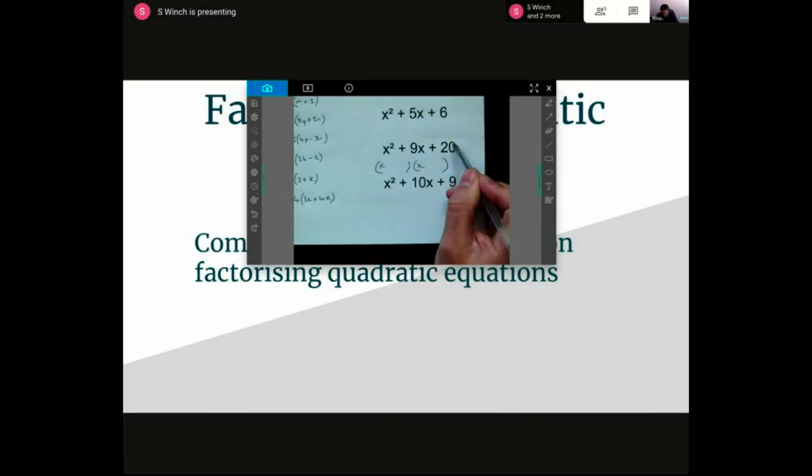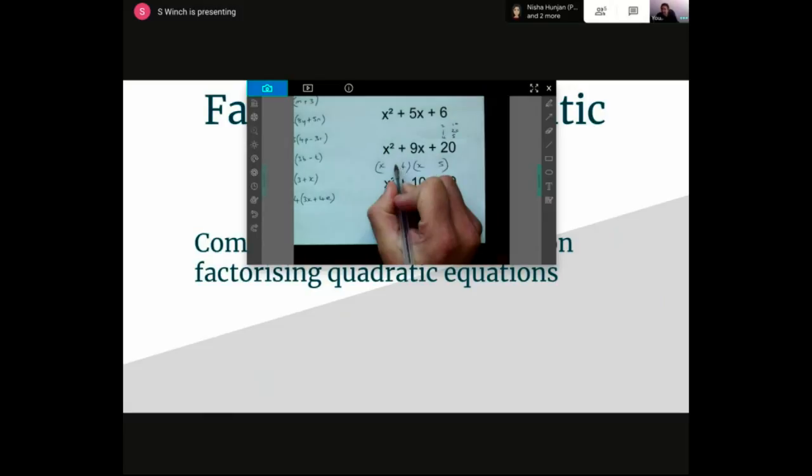What two numbers are factors of 20? So what two numbers multiply together to make 20? Well, I know 1 and 20, 2 and 10, also 4 and 5. And which two numbers also add together to make 9? Well, it'll be 4 and 5. So 4 and 5 goes in there, and it's all positive. Put the positives in there.